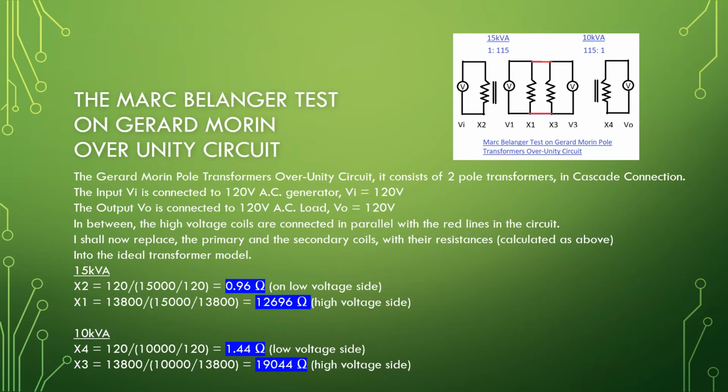10 kVA, X4 equals 120 divided by 10,000 divided by 120 equals 1.44 ohm on the low voltage side.